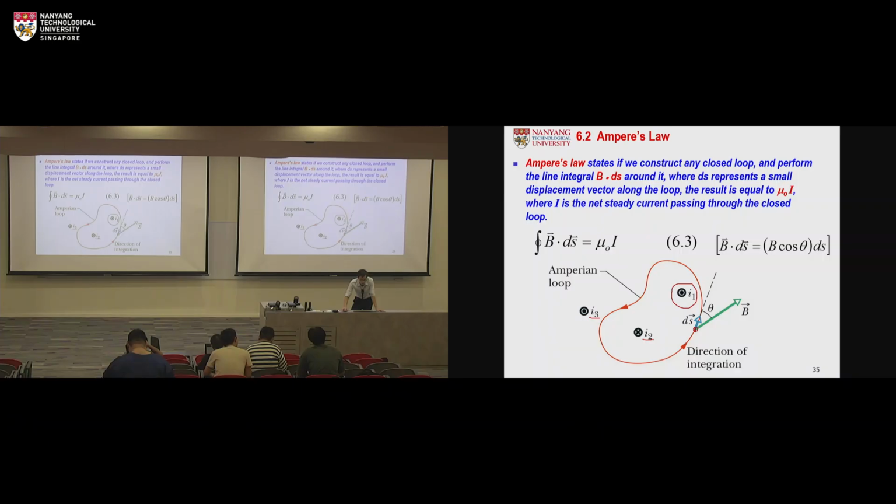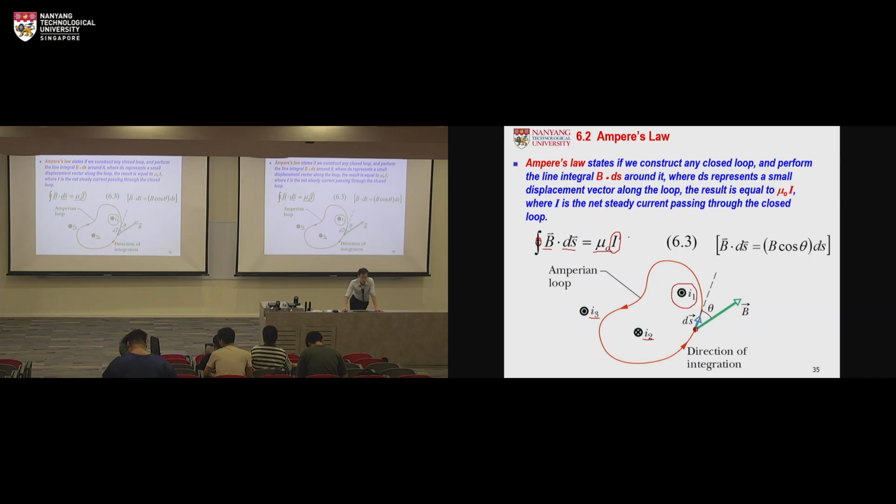You construct this kind of loop, and if you do this integration of B dot ds along this entire loop you just constructed, the result will be this constant mu naught times I, and this I is the net current enclosed in your loop. This is the so-called Ampere's law.